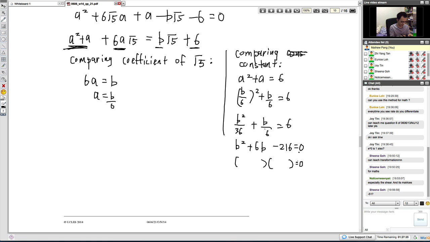So I have 1, I have 6, I have 216. No, that's wrong. Never mind, let me double check. 6 multiplied by 36 is 216. No, I get a math error for this one. Any mistake I did?